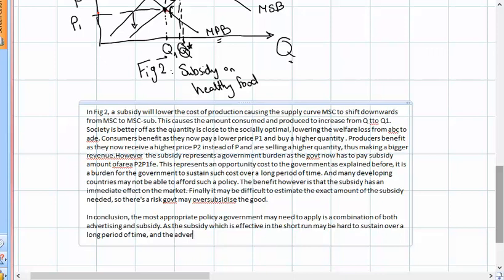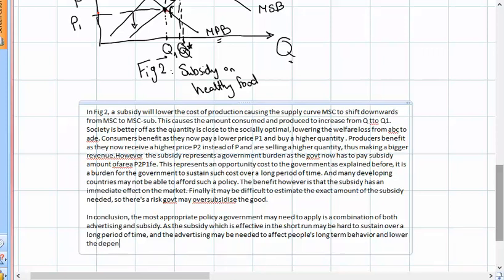And the advertising may take time, may be needed to affect people's long-term behavior and lower the dependence on the subsidy.